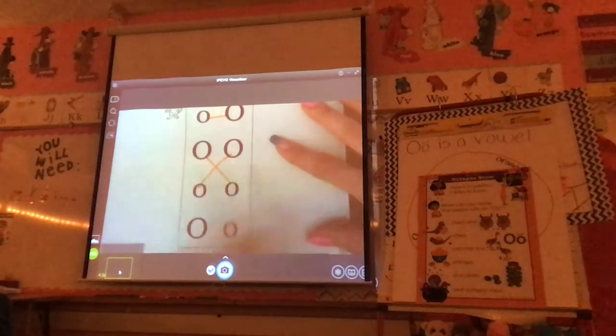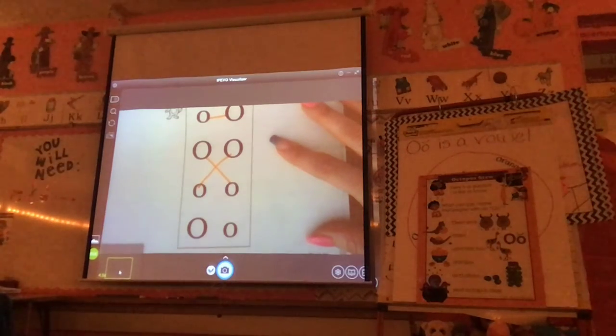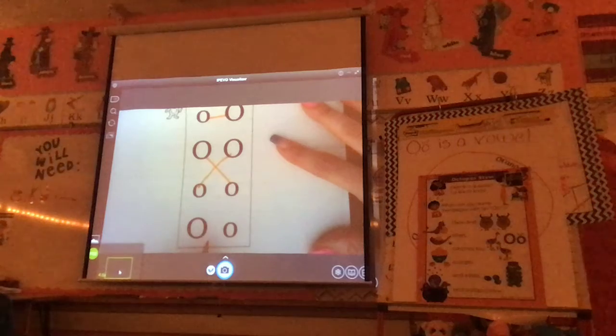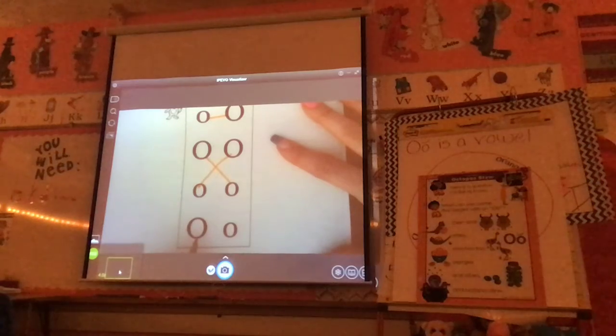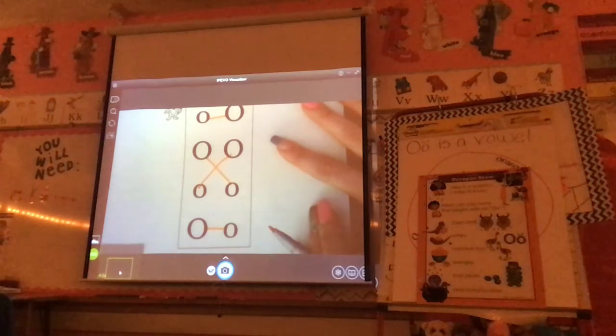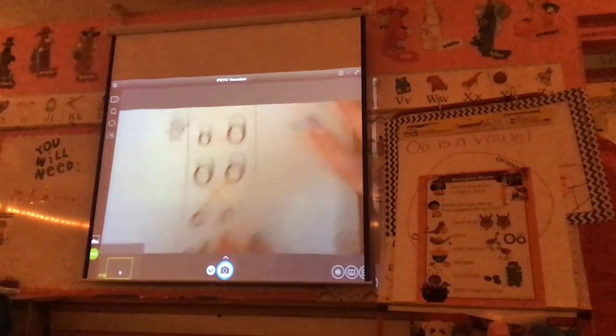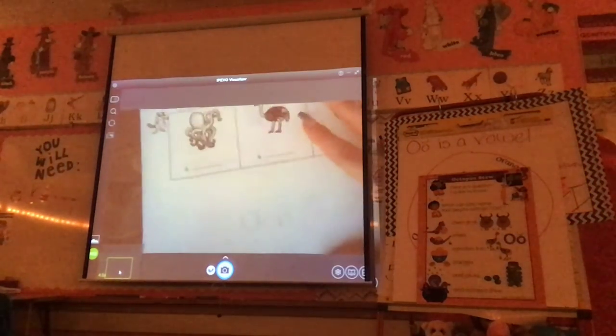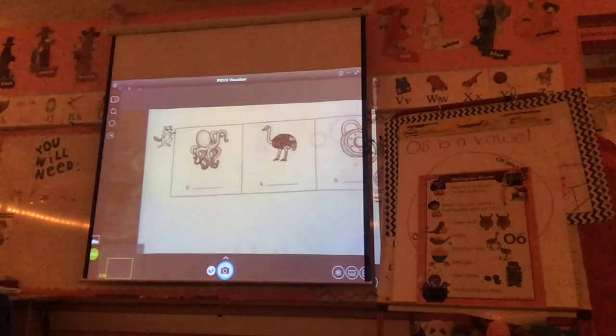Then I have one more. Look at the bottom. Is this a capital? Yes, it's a capital what? Capital O. What sound does my capital O sound like? Ah. Good. And then I'm going to match it to my lowercase. Go ahead and turn your paper over on the back. Look at number 3 of your Riley the Raccoon.